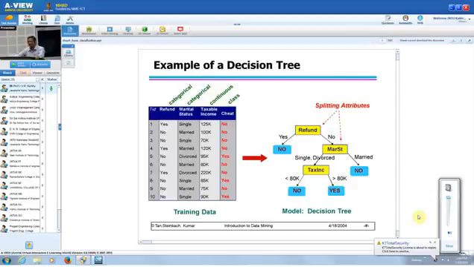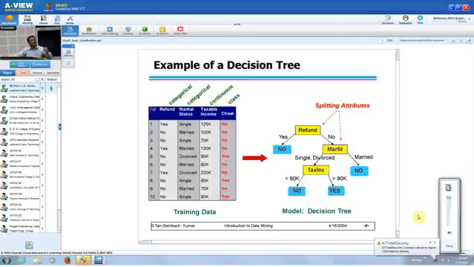If you observe, you have a root node. The root node has a label. In fact, that label is not really a label, it's a question. That means, do you have a tax refund? That is the question.